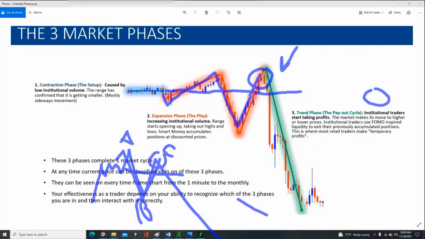You can call it ABC, every time is different. It can be A, B, C, D, right? This could be A, this could be B, this could be C, D. And then I'm looking for a divergence on that leg. Because remember, what we're trying to do is anticipate what's going to happen.